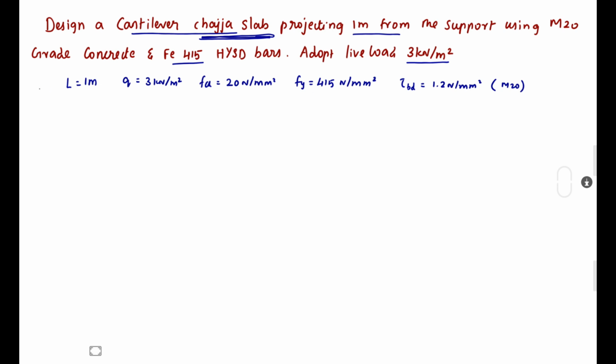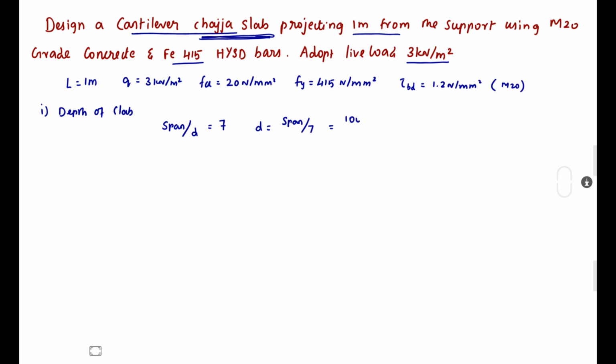First thing is we can find out the depth of slab. So span by effective depth equal to 7. We can take it from the IS456. So now depth equal to span by 7, and the span is 1 meter.